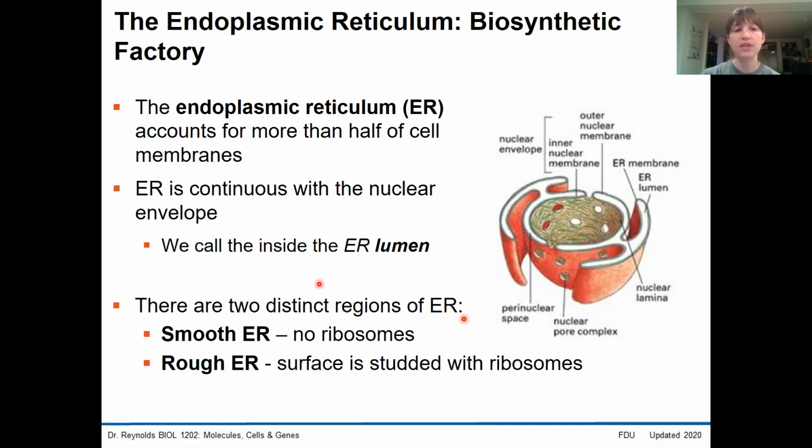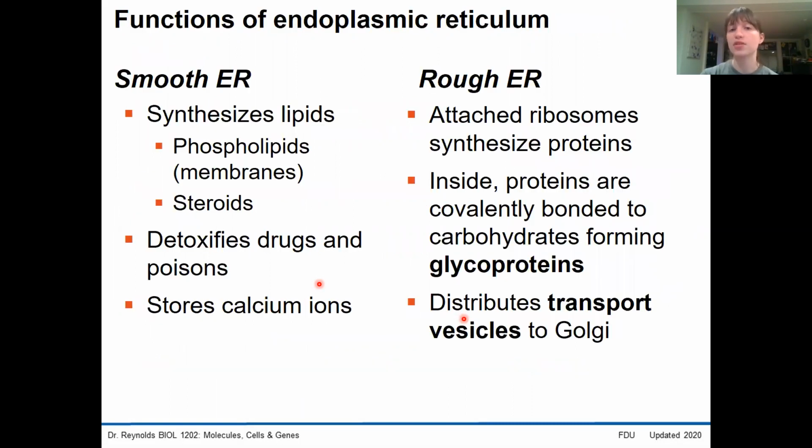Now, that rough ER is going to have ribosomes that attach to its surface. And so one function of the rough endoplasmic reticulum is to synthesize proteins. The proteins that are made on the surface of the ER get placed into the lumen of the ER. And from inside the lumen, they can have carbohydrates attached to them.